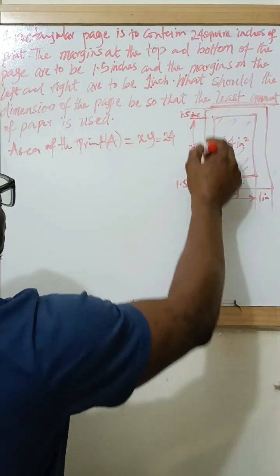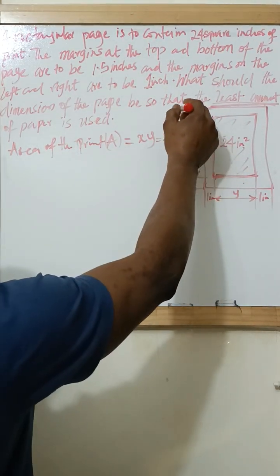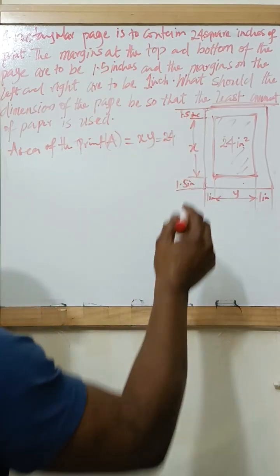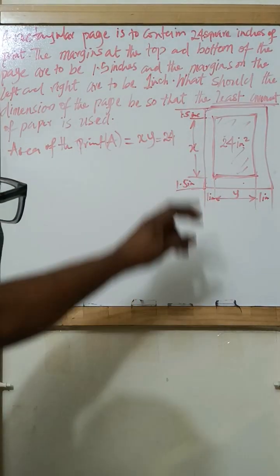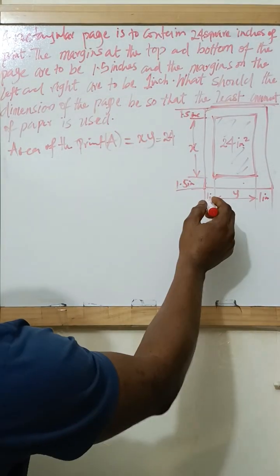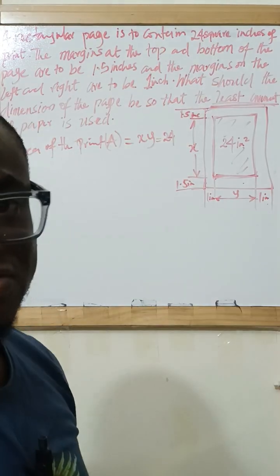For the entire area, the length from here to here is going to be 1.5 plus 1.5, that is 3, plus x. That will be the dimension of this one. 1 plus 1, that is 2, plus y, will be the dimension of this one.